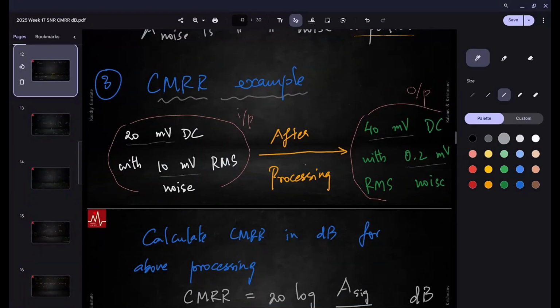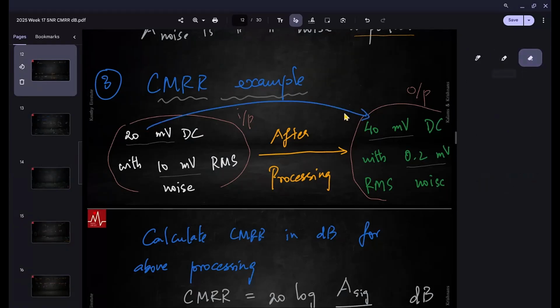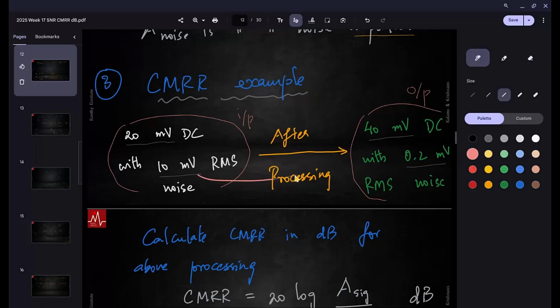One typical processing we do is to increase the gain with an op amp, say from 20 to 40. But when you put an op amp, the 10 millivolt noise also gets amplified. That's why you use an instrumentation amplifier to reject common mode noise. That is one way to do this.